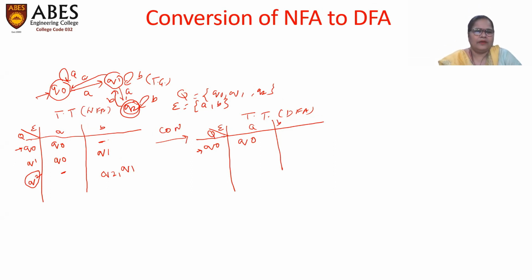Suppose I have to take one input symbol for A, Q2, Q1. Okay, I mention one new input symbol here, Q1.